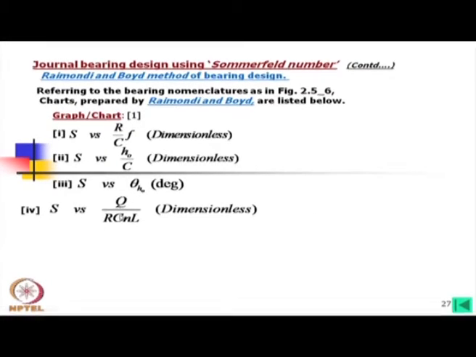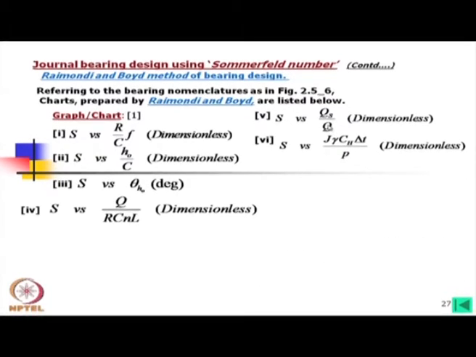S versus Q by R C N L. If we have this, then from there we can find out what should be the L or Q. Now, also we find Qs by Q. Q is the flow in the direction of the periphery, whereas Qs is the side leakage. So, knowing this amount we can calculate that amount also.